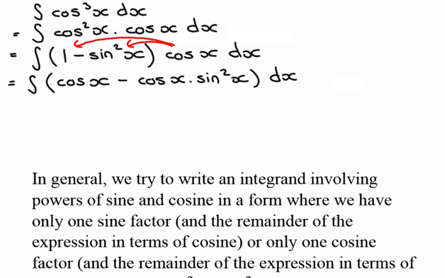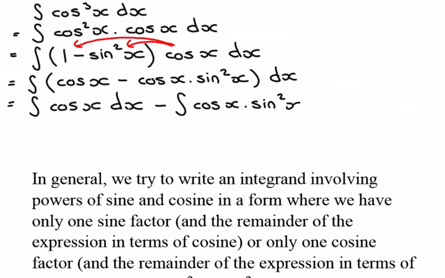By all means, you could have gone straight to this next step. Remember that you can split an integral over a plus or a minus, only a plus or a minus. So it's the same as integrating cos x with respect to x. Remember your notation, you must have that dx there. Minus the integral of cos x times sine squared x with respect to x.